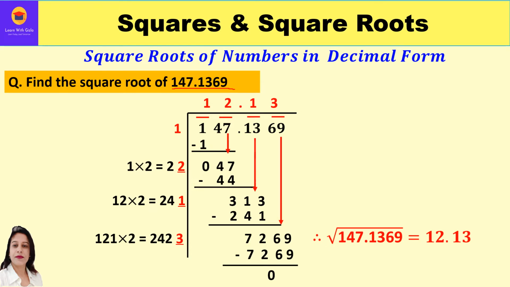Since it's a decimal number, it has two parts, one is the whole part and one is the decimal part. First of all, I'll start by forming the pairs of the whole part, moving from right to left. The first pair I get is 47, and the second pair will be 1. Now for the decimal part, I will start from the left-hand side. The first pair is 13, the second pair is 69.